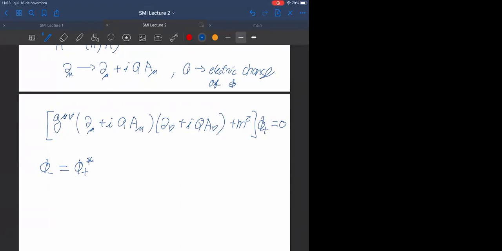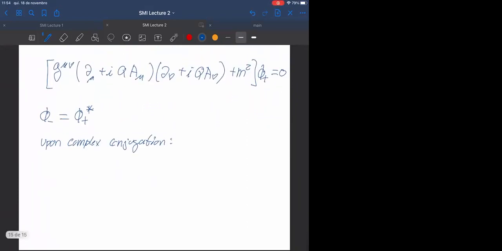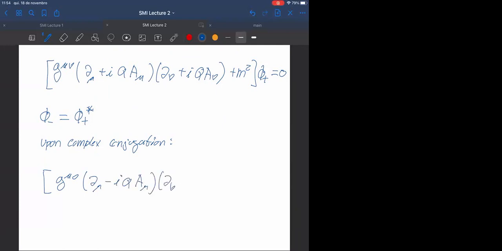So we can complex conjugate this, and we get g^{μν}(∂_μ − i q A_μ)(∂_ν − i q A_ν) plus m squared, phi minus, equal to 0.